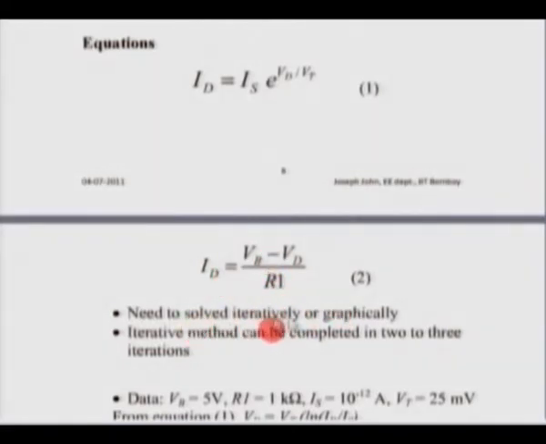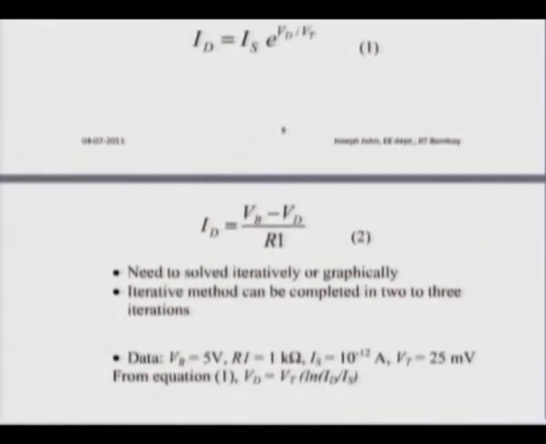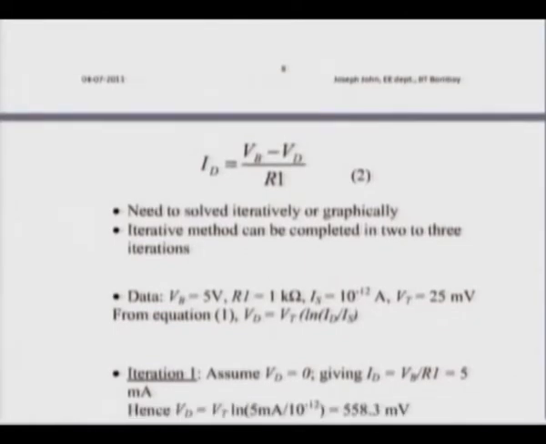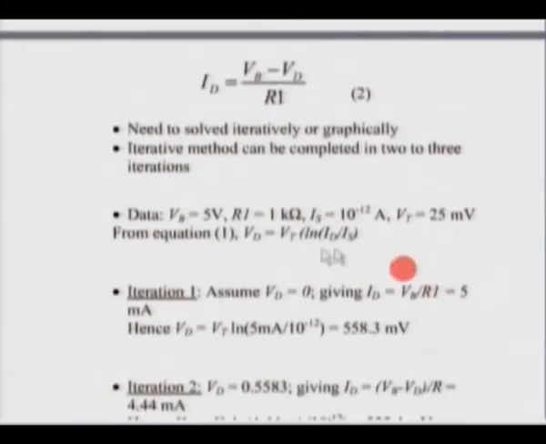Now, we could solve this iteratively. Let us take an example and see how quickly we get the result. Initially, let us assume the power supply has 5 volts, the resistance is 1 K, IS is 10 to the power minus 12 amps, and Vt is 25 millivolts. From the first equation, the diode current, we can write the equation for the diode voltage as VD equals Vt ln ID by IS.